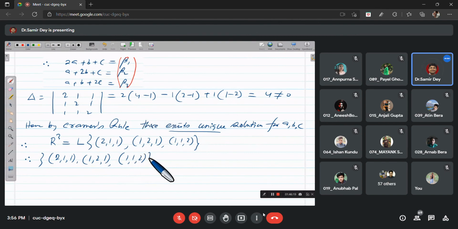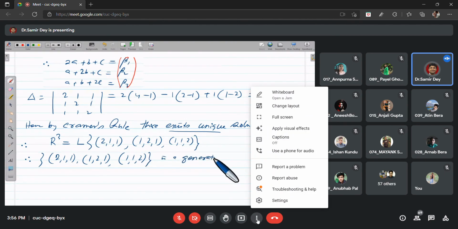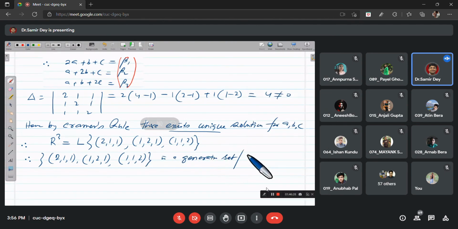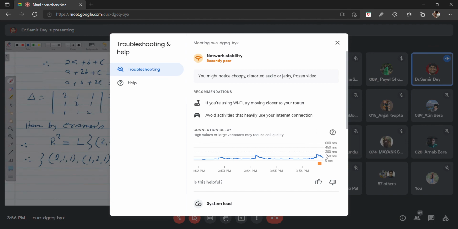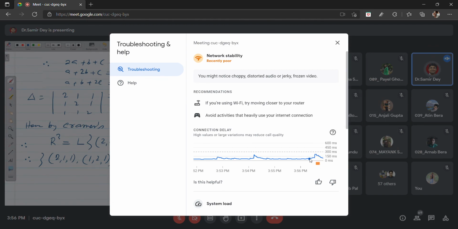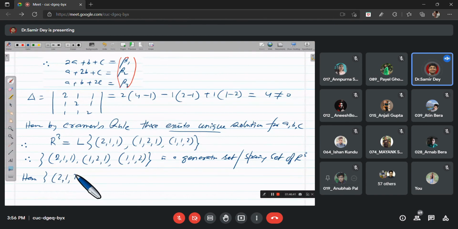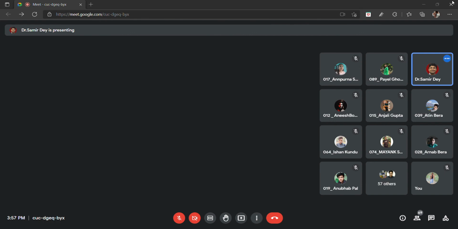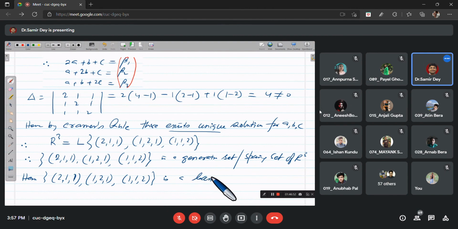So therefore, these vectors (2, 1, 1), (1, 2, 1), and (1, 1, 2) are a generator set or spanning set of R cube. So now it is proved that your set is linearly independent and a spanning set. Hence, (2, 1, 1), (1, 2, 1) and (1, 1, 2) are a basis of R cube.